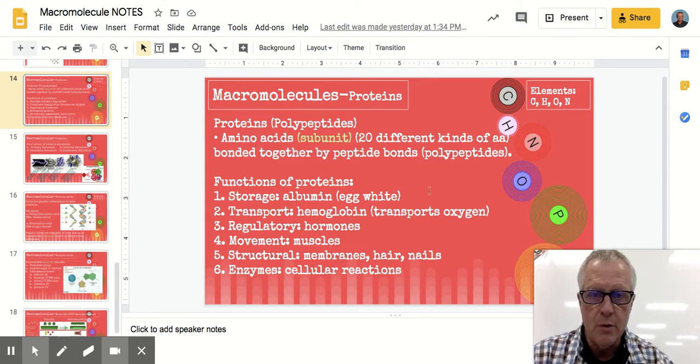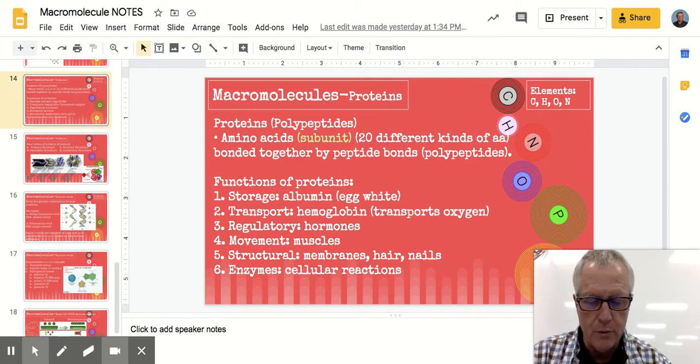But you may be familiar with proteins in general, but there's a lot of details about how a protein gets put together. So we'll challenge you to try to dig deep into understanding how all that works.